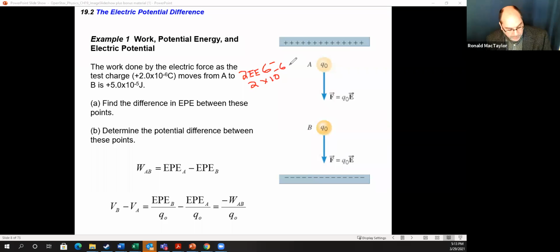If I don't have my calculator set into scientific notation, when I type in 2EE 6 negative, it will immediately report that number as a long decimal.